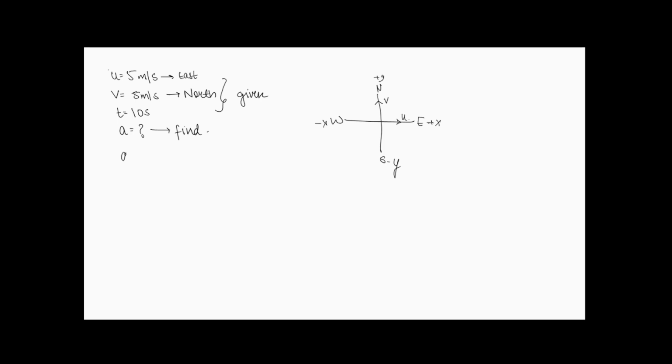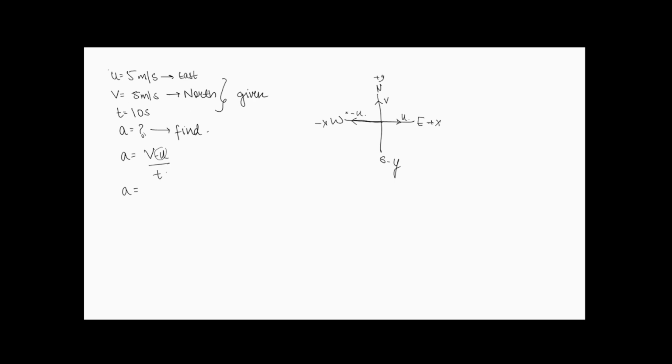So we know acceleration is (v minus u) by t. So v is in positive y direction, and u is in positive x direction. But we need negative u. So minus u will be in this direction. So acceleration is equal to v.